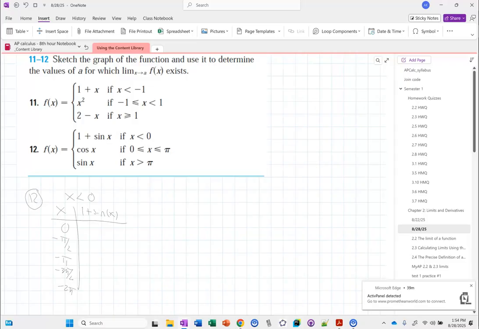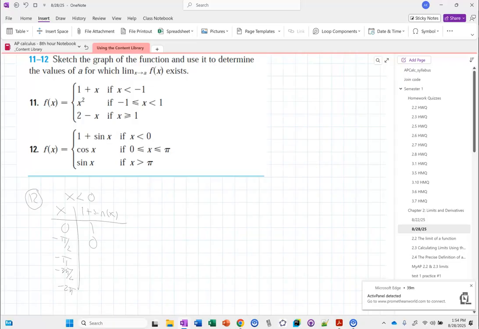Okay. So if I plug 0 into 1 plus sine, sine of 0 is 0, and then I have the plus 1, right? Sine of negative pi over 2 is going to be negative 1, so plus 1 is going to be 0.